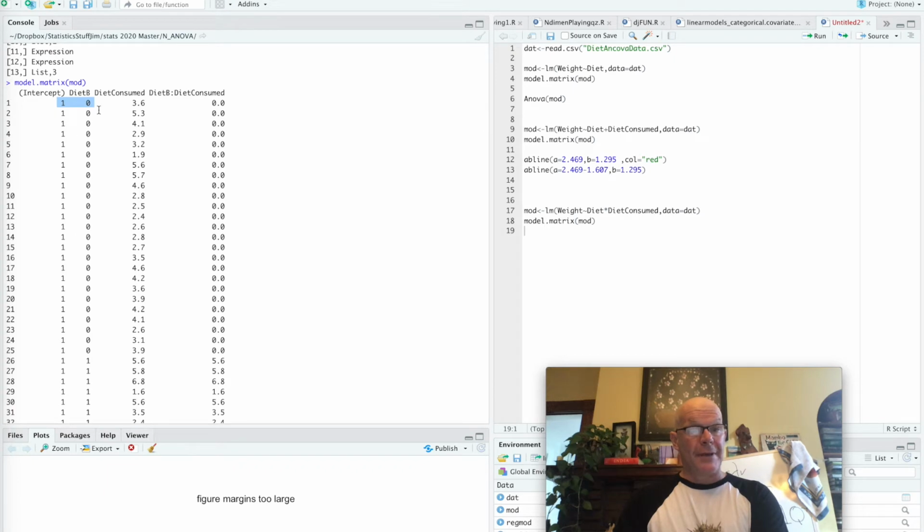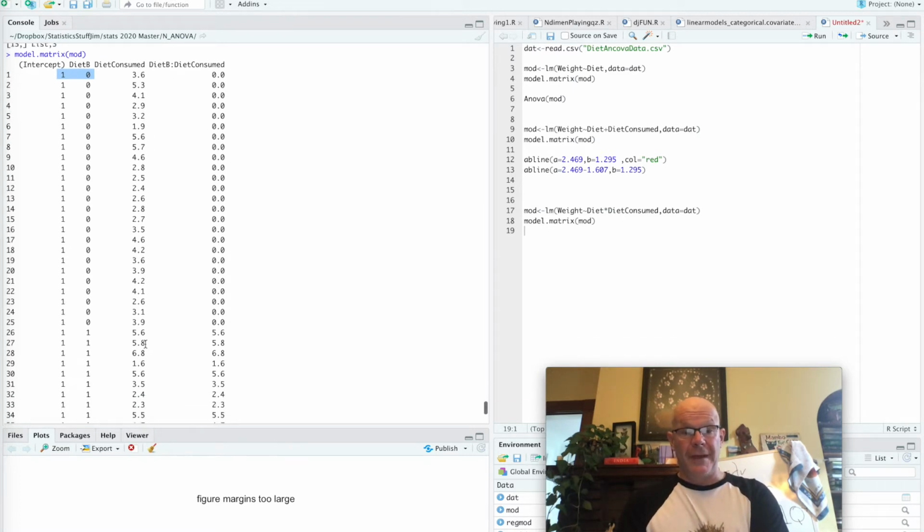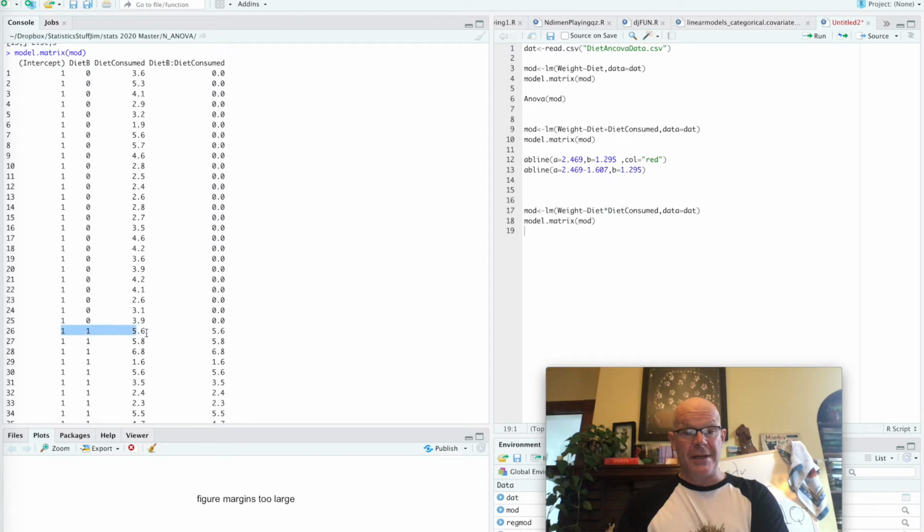Only if you're on diet B do you get the effect of diet B, so that's where that toggle switch gets turned on. Everybody gets a slope for diet consumed, but then if you are on diet B, you have this extra set of values that you are going to use to also think about the effect of diet consumed.